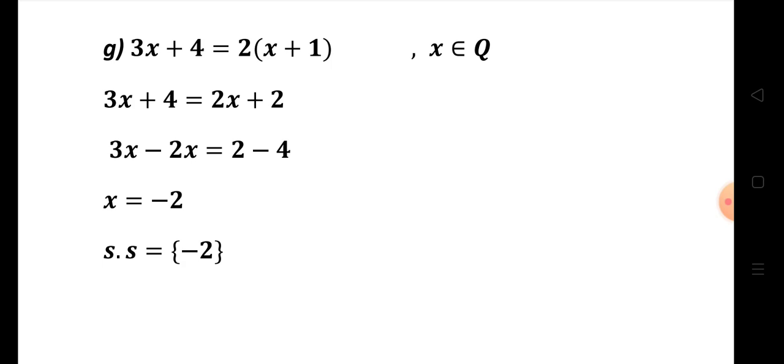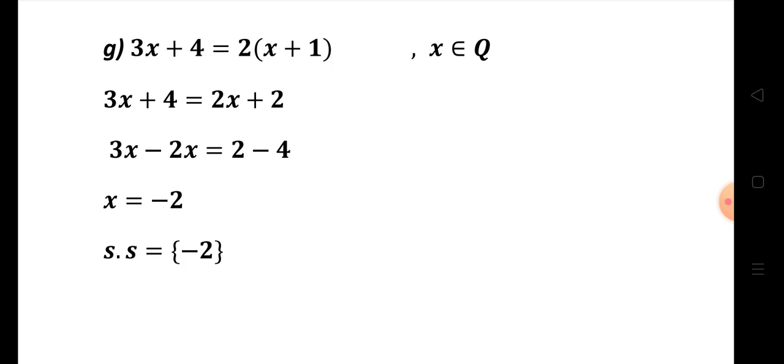Now I have two sides. In the first one I have a number of x, and in the second one I also have a number of x. So I will move 2x to the first side and move number 4 to the second side. The equation will be 3x minus 2x equals 2 minus 4.